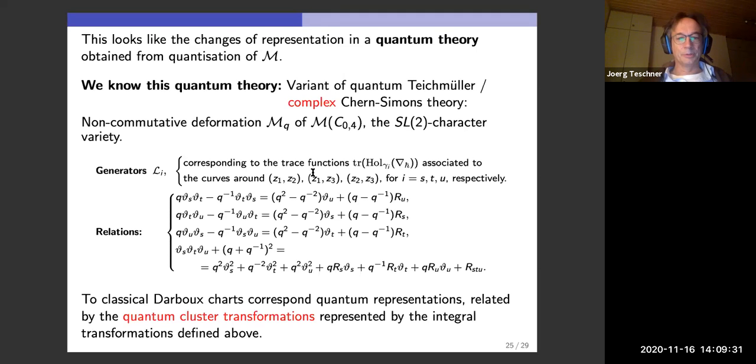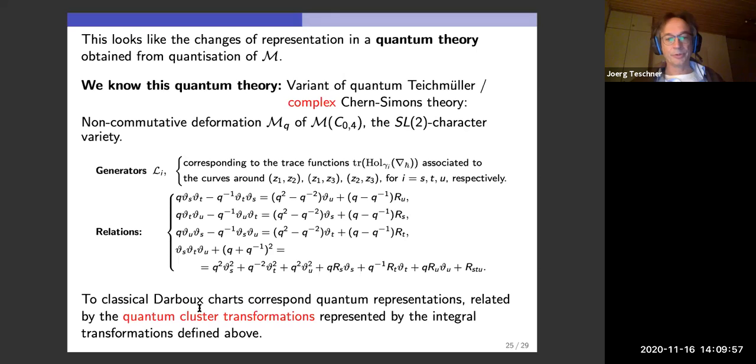Okay, so we have this character variety. We have a quantum generators and relations description. It has appeared in the context of quantum Teichmüller theory, which has a relation to complex Chern-Simons theory, which is understood to some extent. I wouldn't say completely, but to some extent.